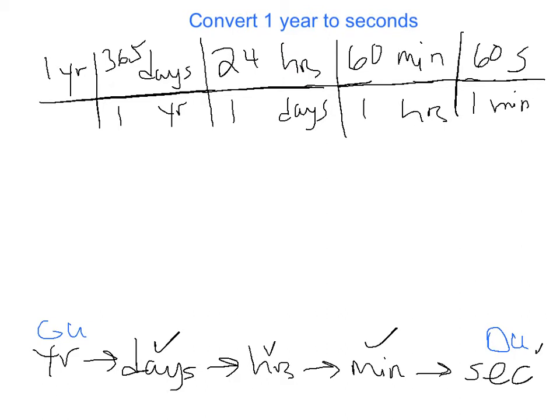So let's cancel out everything to make sure it matches. My years cancel out, my days cancel out because they're diagonal, my hours cancel out because they're diagonal, and then my minutes cancel out because they're diagonal, and I'm left with my desired unit of seconds. So I know that I did that correctly. And when I go on and do the calculation, I get something like 31,536,000 seconds.